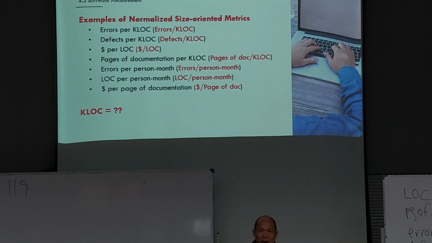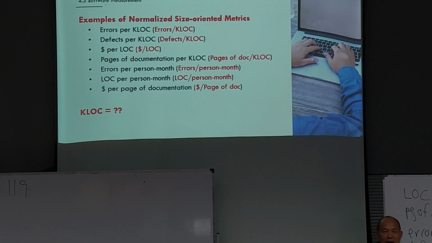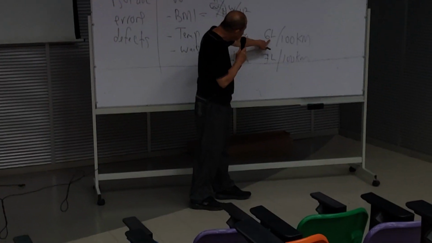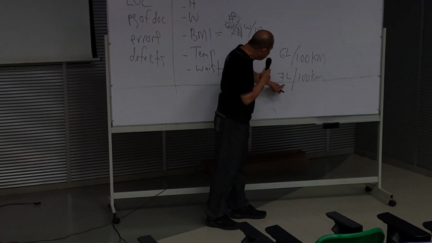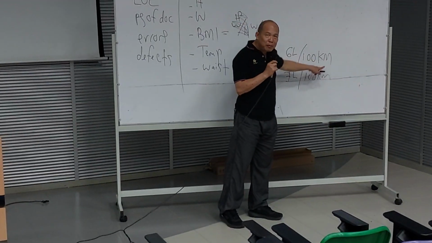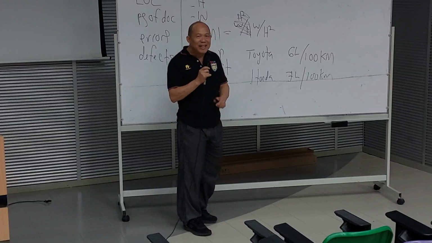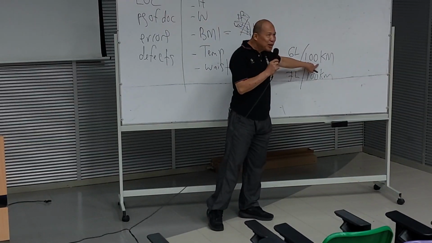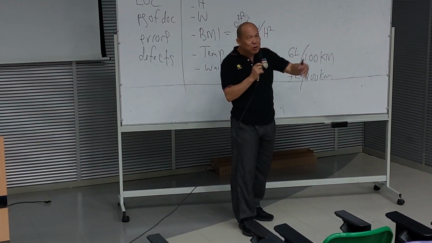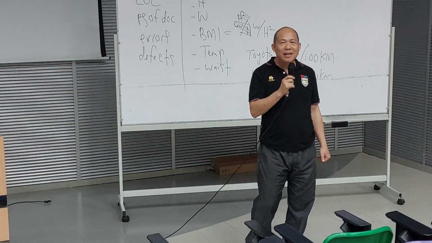Why use 1,000 lines of code, not 100? Like fuel consumption: why per 100 km, and why not per 1,000 km? If per 1,000 km, the distance is too long to travel to do the testing.